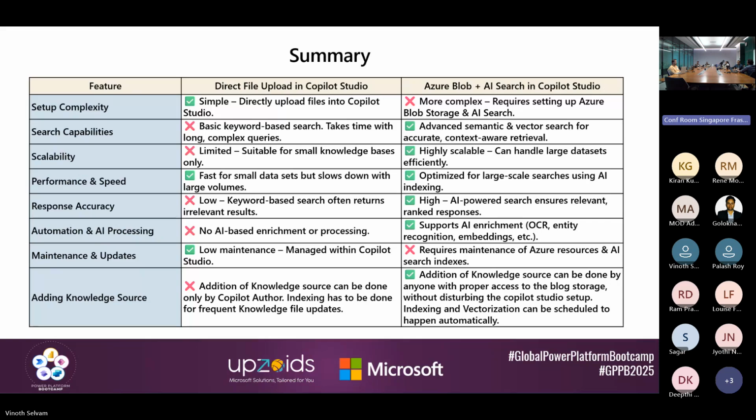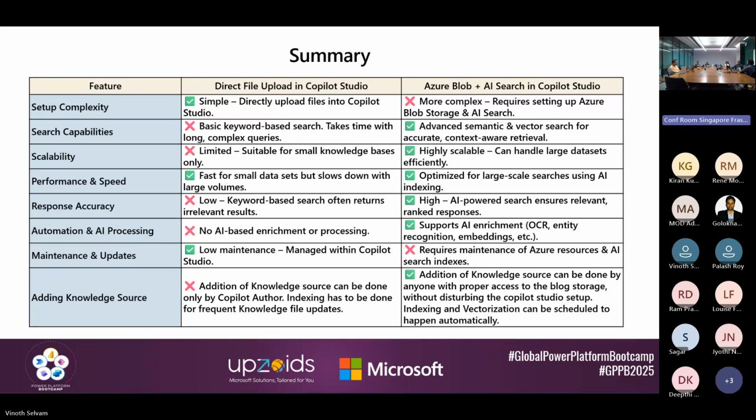But if it is blob storage, anyone who has access to the blob can just go there, update the document, and refresh the index so that the uploaded documents get indexed. So Copilot can provide responses based on those uploaded documents.